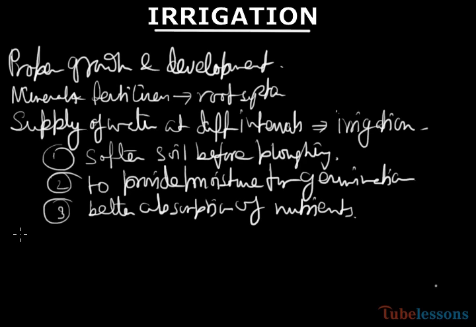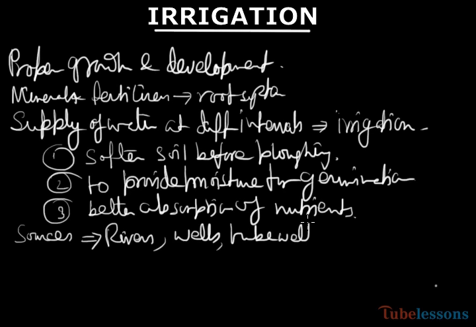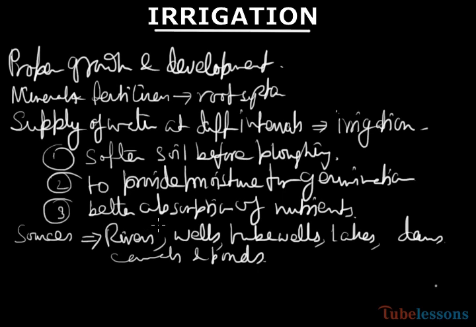Now we come to the sources of irrigation. What are the sources? It's very easy to answer: rivers, wells, tube wells, lakes, dams, canals, and ponds are basically the sources of irrigation.